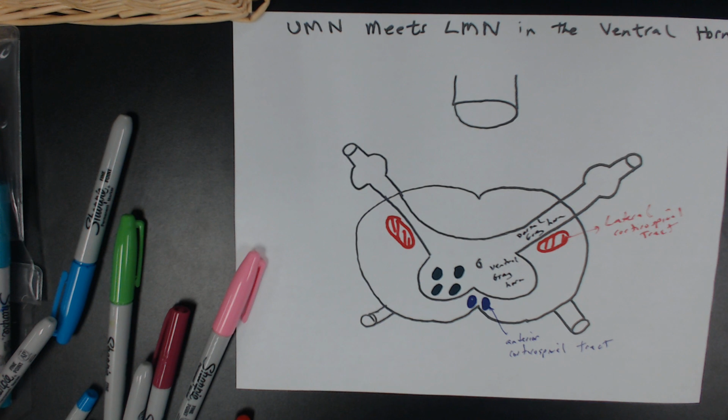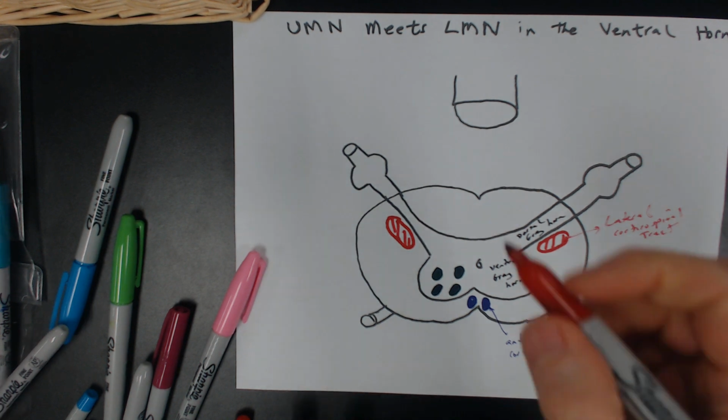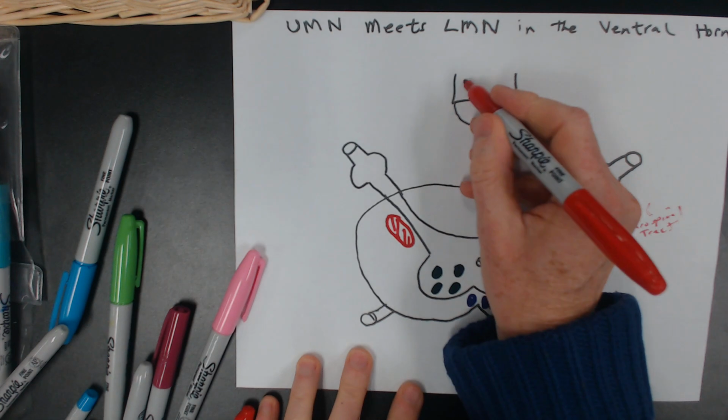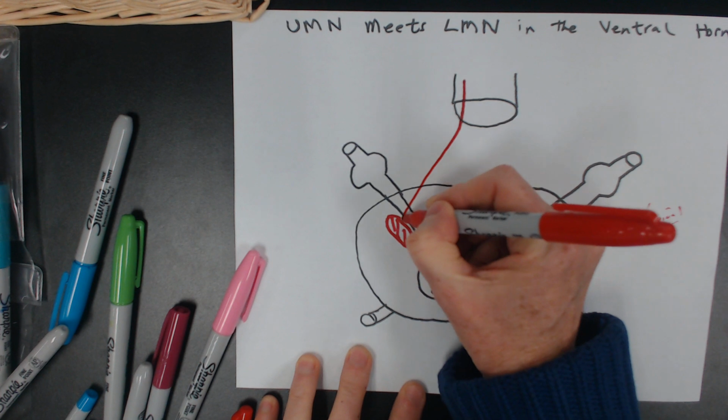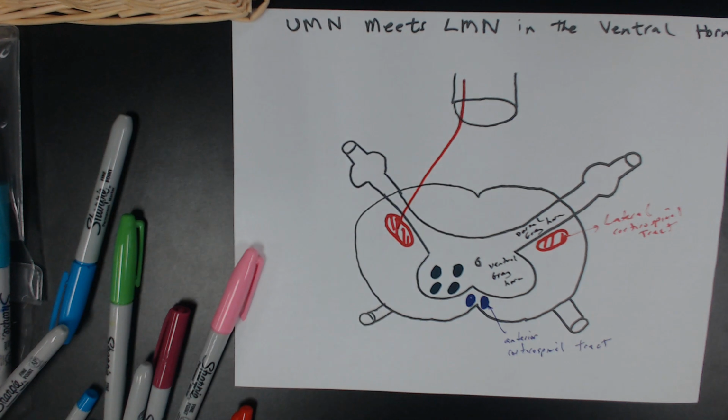And if we want to continue on the travel from above, the 90% that decussated are going to be over here. They're going to travel through the spinal cord, through this lateral corticospinal tract.